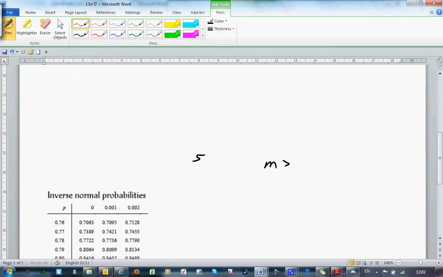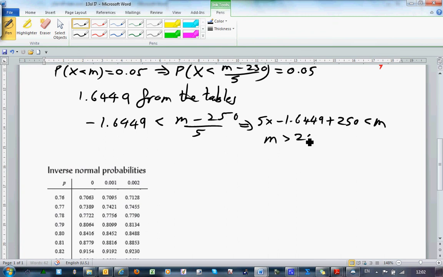So the question asks us for the nearest millilitre. So the minimum value m must be 242 millilitres. And that's it. Finished.